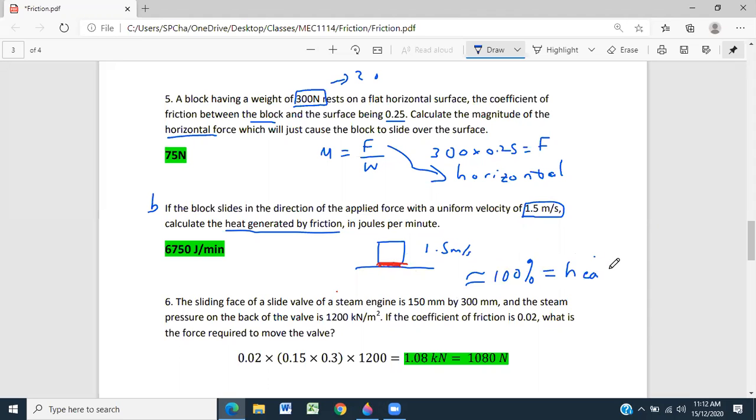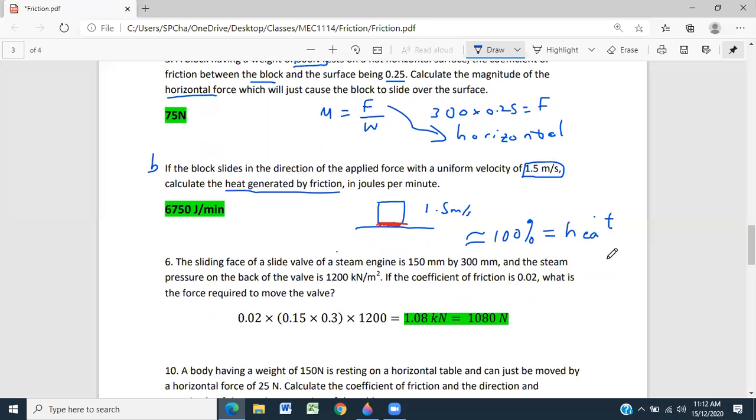Now the units for heat are calories, but they want it in joules per minute, and heat is just another way of saying work, if you guys get that. Because we're just assuming that 100% of the energy that friction takes away goes to producing heat. The negative work that friction does goes to producing heat.